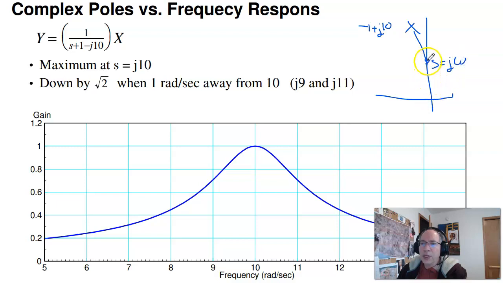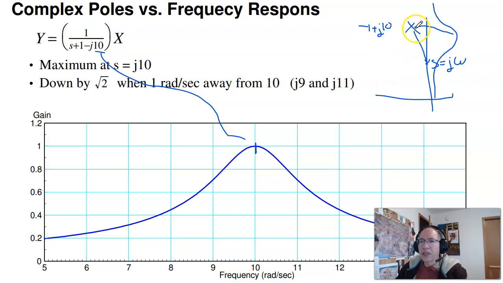As I sweep, the distance gets smaller, the gain gets bigger, and then the distance gets bigger, the gain gets smaller. So I plot the gain versus frequency, again going sideways. It's going to look like this. The peak is at the complex part of the pole. That's right here. So at 10 radians per second, the complex part, that's the maximum.